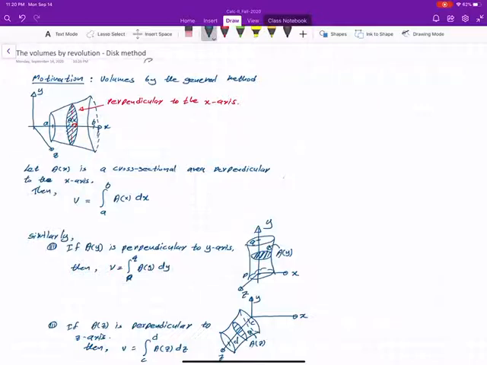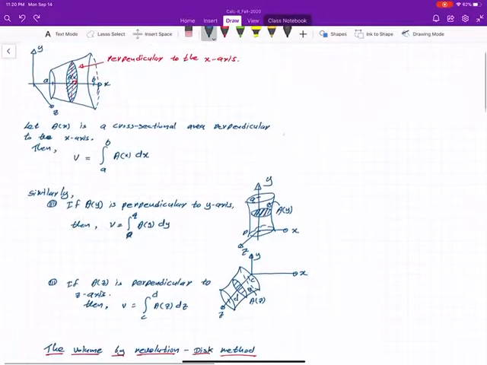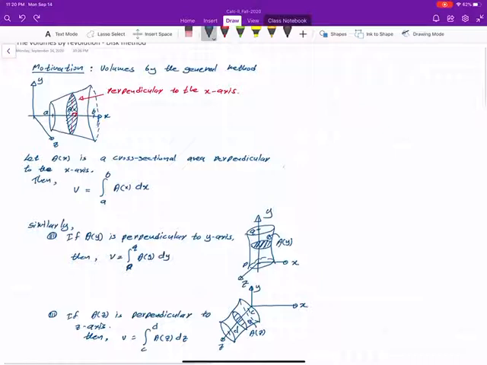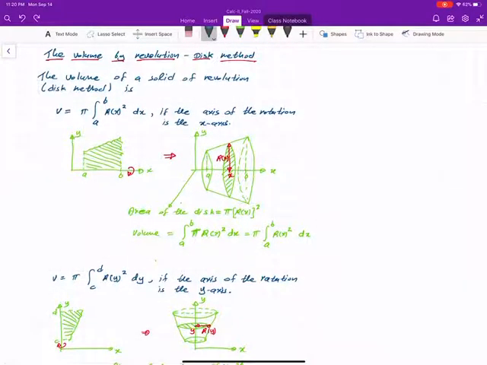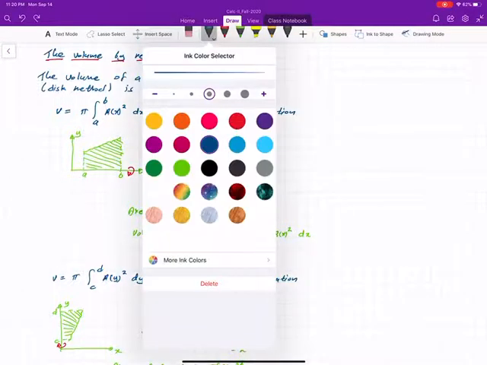Today we're going to learn the disk method, how to use it to compute a volume. I gave you the motivation which explains a general method of computing volumes, and thereafter I gave you the formula.